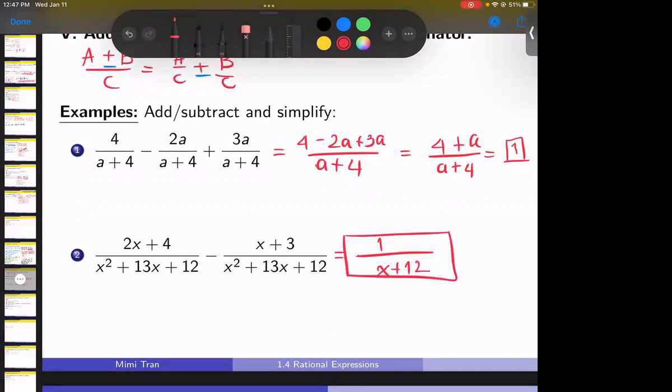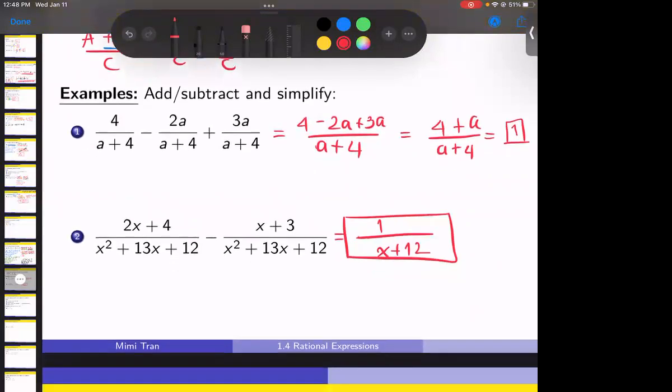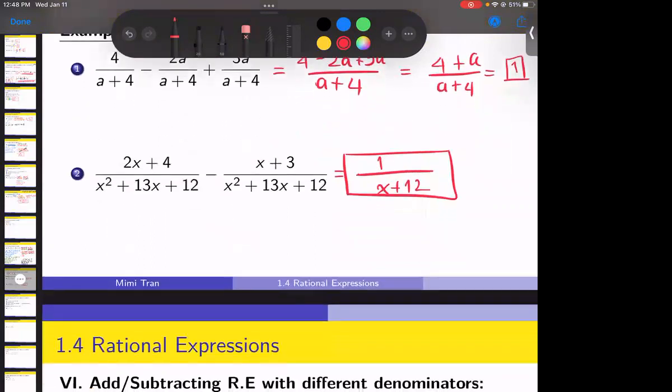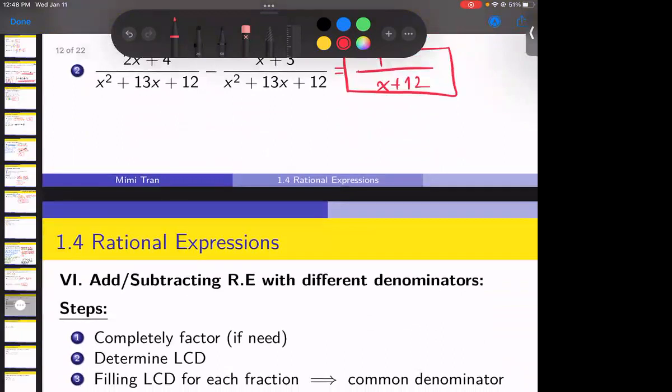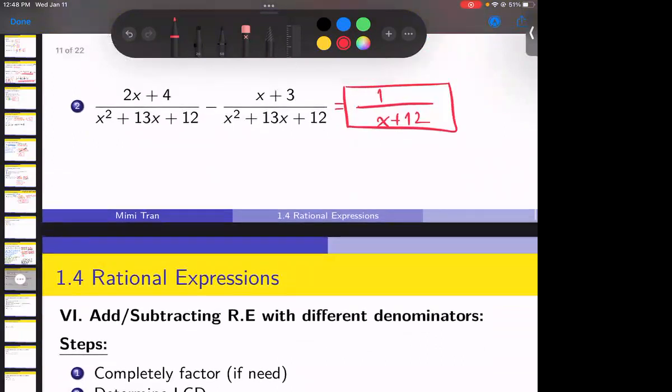Hopefully that's what you got. It's the same thing. If you don't have the answer, let me know. I'll put it down here. All right, so that's the easy part. When you have a common denominator, all you do is add the top or subtract the top.